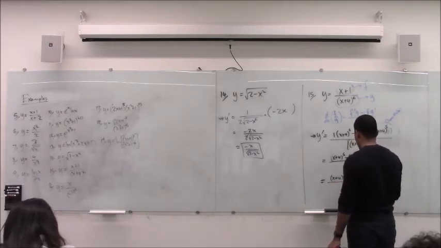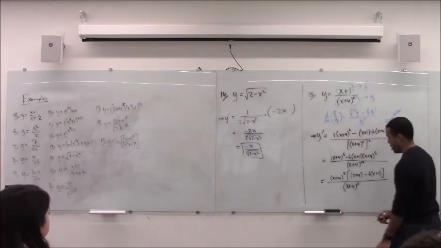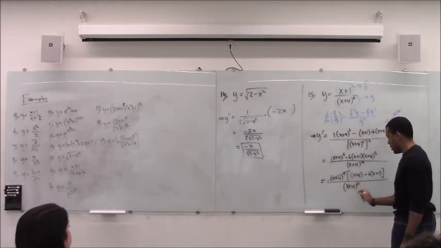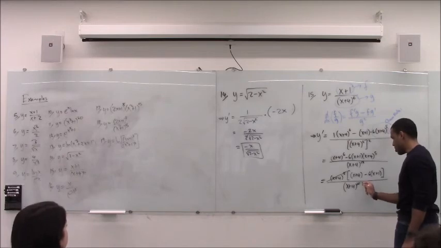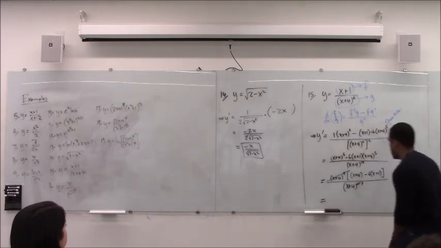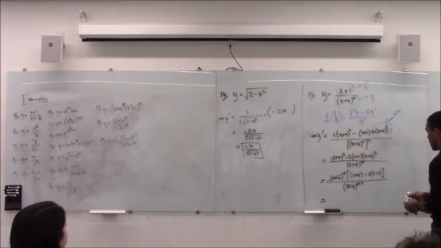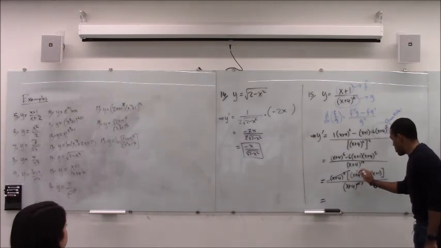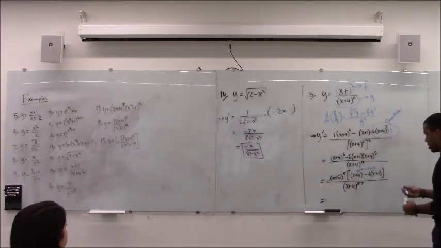Now here we have (x plus 4) to the 12th. This is going to allow us to cancel 5 of these, leaving us with power 7 here. Now, inside the parentheses, I have x plus 4 minus 6x minus 6.